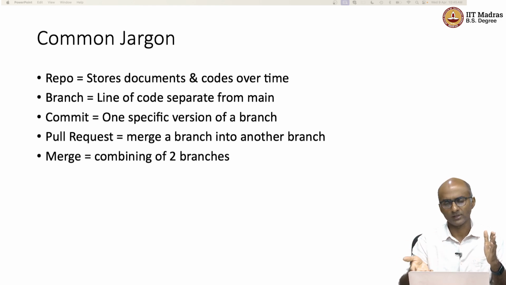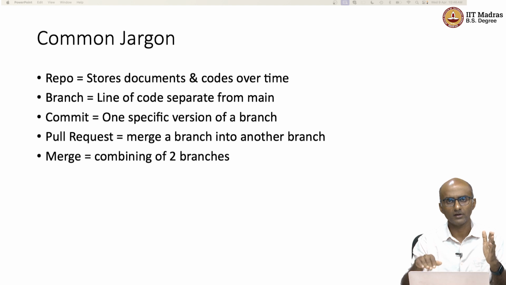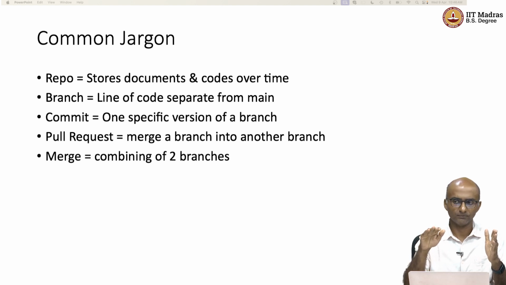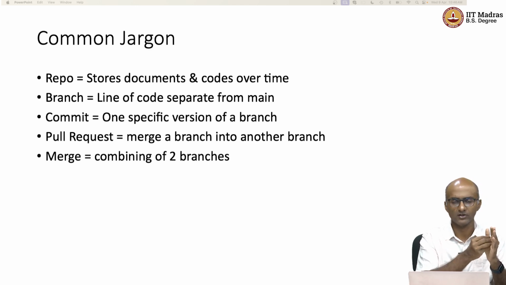And the development branch, as you can imagine, keeps seeing newer and newer development for newer algorithms or newer code, newer data sets, etc. So as and when a specific level of development is done and the ML engineer decides that yes, this is worthy of putting into production, at that point, the set of commits which are associated with that development branch is identified as being part of the commits that need to be there in the main. And at that time, the developer issues a pull request to the main branch.